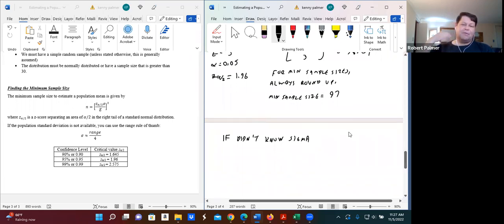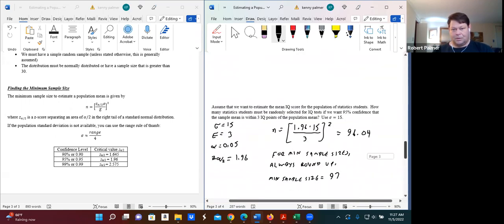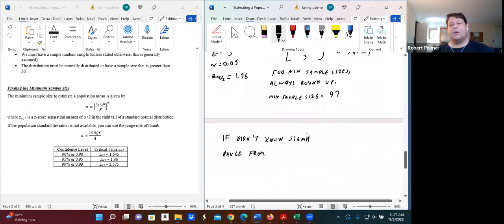Now once again, this would be kind of an estimate, but let's say we knew the data range. Let's just say we had a range from 50 to 150.